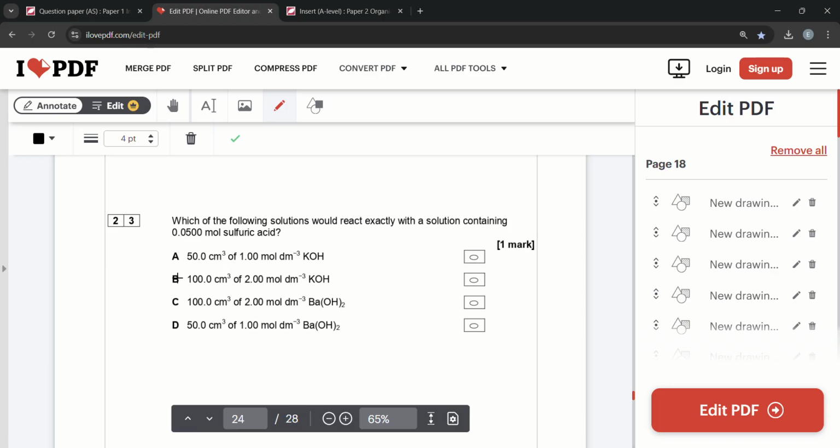Just find out the moles of each one. 100 divided by 1000 times by 2.00, 0.2. 50 divided by 1000 times by 1.00, 0.05.